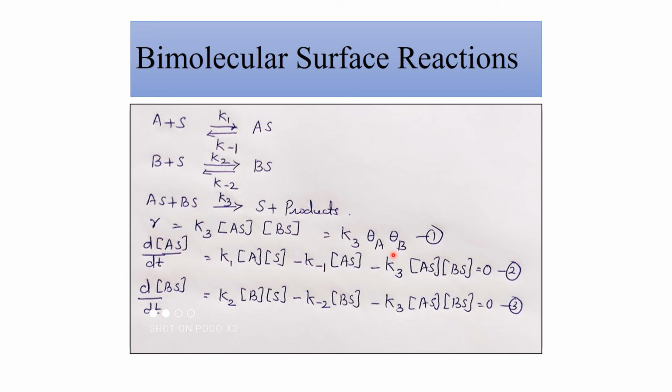Assuming steady state approximation for AS and BS, we have dAS by dt is equal to K1 into A into S minus K inverse 1 into AS minus K3 into concentration of AS into concentration of BS, that is equal to 0. dBS by dt is equal to K2 into concentration of B into concentration of S minus K inverse 2 into BS minus K3 into AS into BS, that is equal to 0.